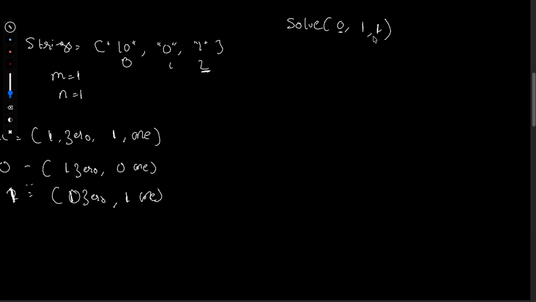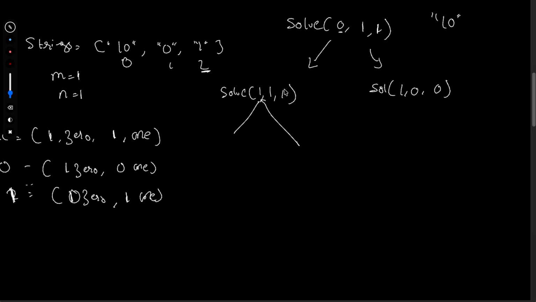We subtract from the target. Considering 10, which has 1 zero and 1 one: if we skip it, we call solve of 1 with 1 1, and if we take it, solve of 1 with 0 0. Skipping keeps the resources the same, while taking subtracts from the zeros and ones. At level 1, if we consider the next string, which has 1 zero and no ones, this is our index 2, solve of 2.